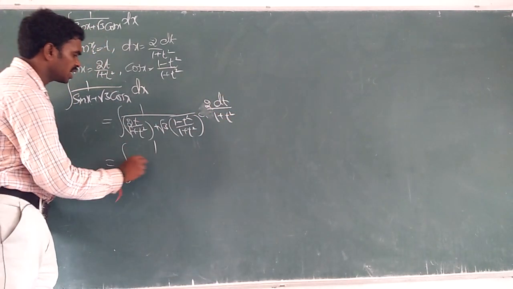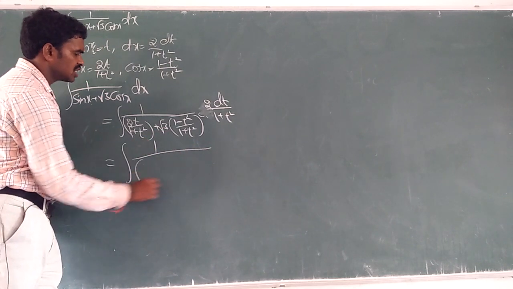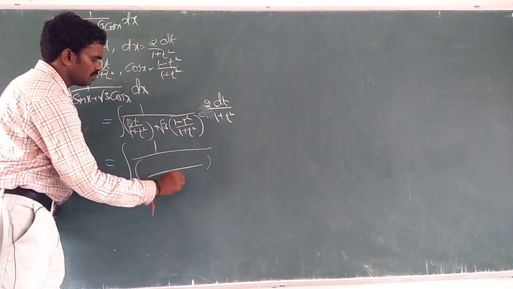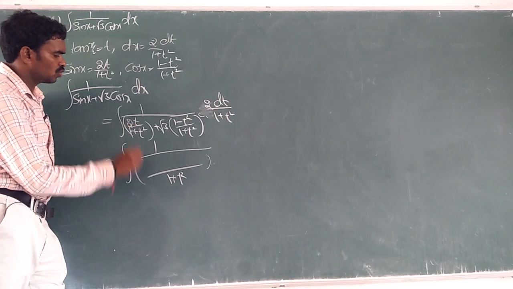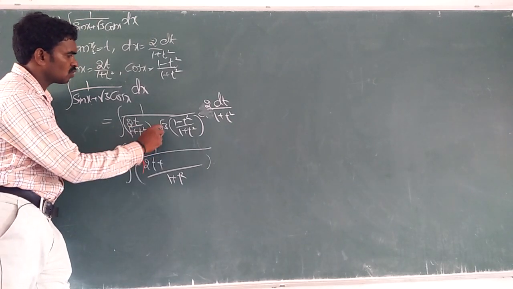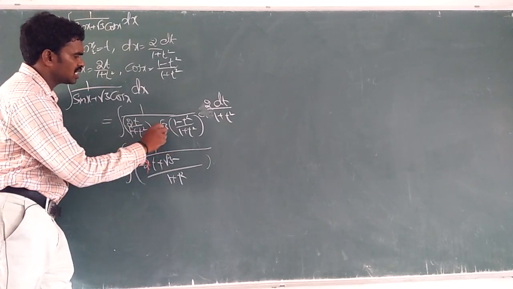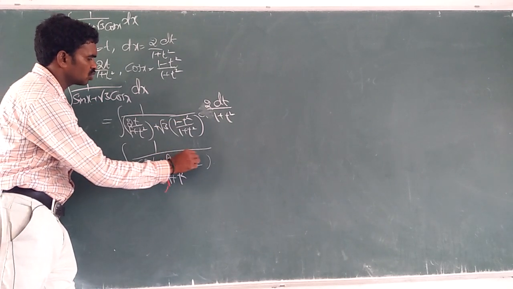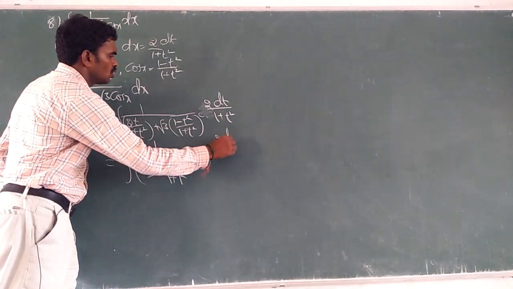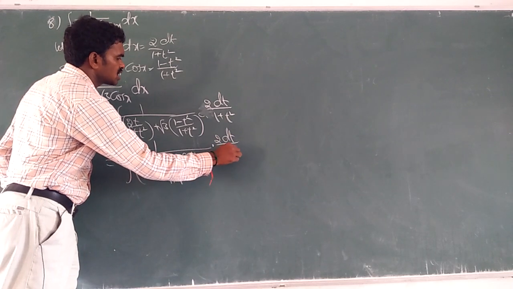So 1 by 1 plus t square is the LCM. Now 2t plus root 3 into 1 minus t square, which is root 3 minus root 3 t square, into 2 dt by 1 plus t square.